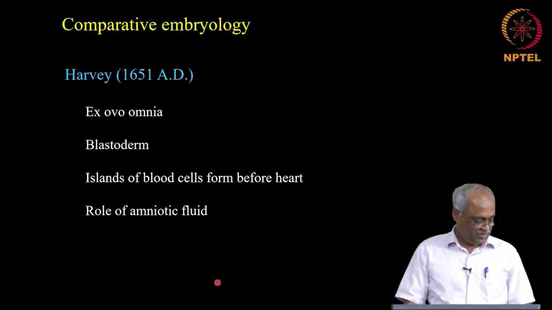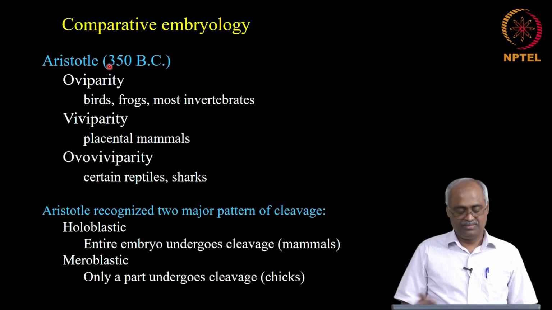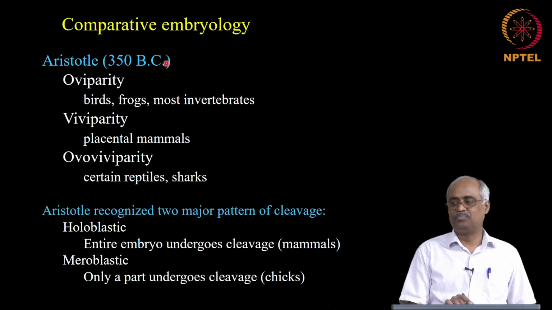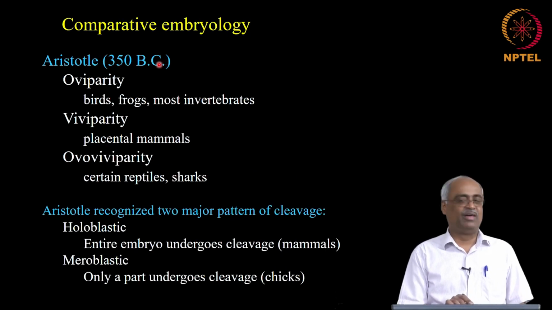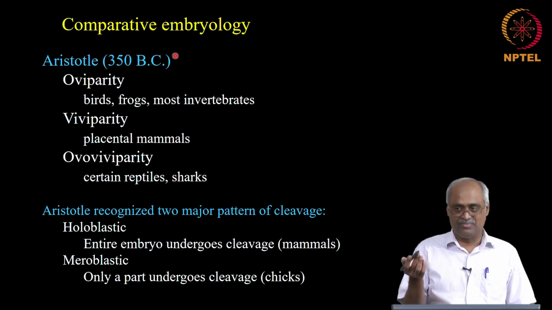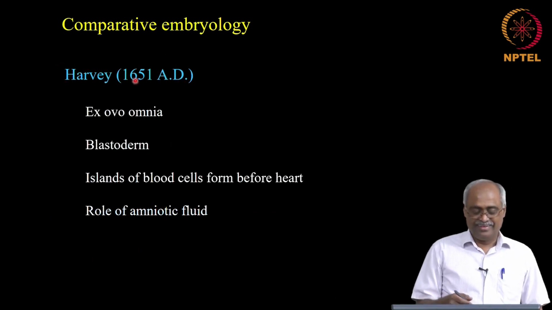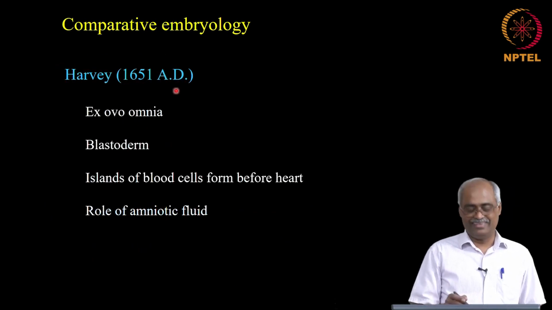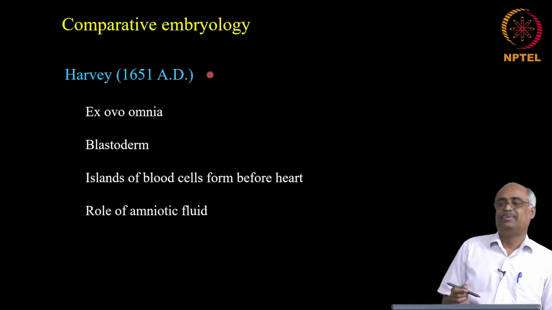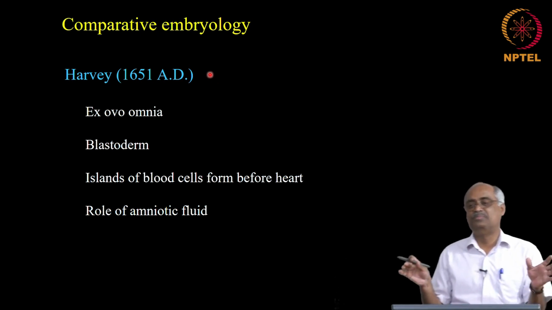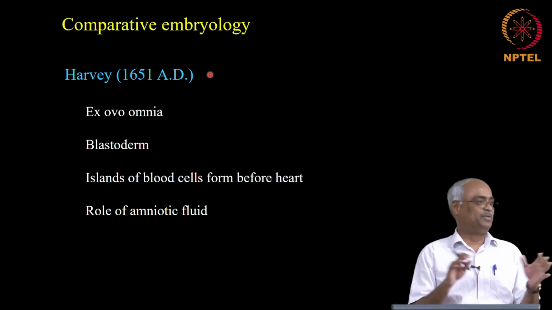So now you see the timeline, 350 BC, okay. Then the field sleeps for a long time, a dormant stage, it is going on in the brains of people, but no major breakthrough, and then 1300 years later you have Harvey observing that all life comes from the ovum, okay, from the egg.